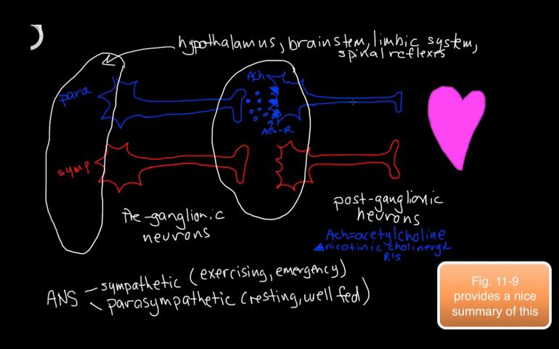And then the postganglionic neuron also releases neurotransmitters. And it turns out that the postganglionic neuron of the parasympathetic nervous system also releases acetylcholine. And in order for the heart to respond to acetylcholine, it also has to have cholinergic receptors.